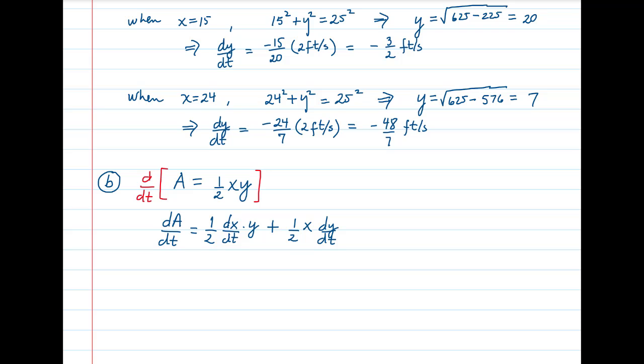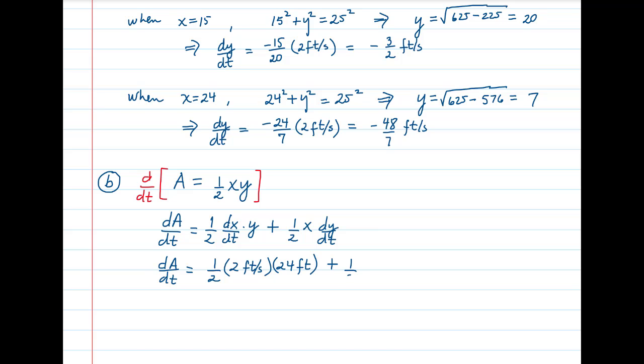After we differentiate, we can start plugging in our values here. And remember, this is for when x is equal to 7. So dA/dt is equal to 1/2 times dx/dt, which was given by the problem, that's 2 feet per second, times y, and when x is 7, we did this in part A, y is 24.